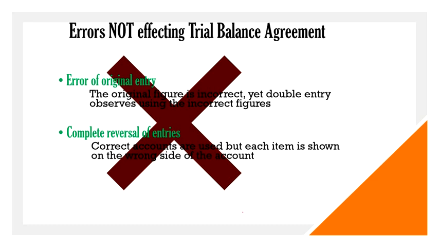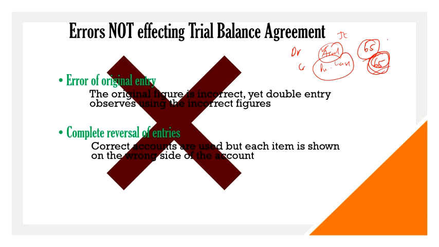For example, debit and credit should be 56 but you wrote 65. Since from the beginning your journal entry was already wrong, the accounts are correct, for example asset and purchase, these are correct, only this number is wrong. So it's called error of original entry. The beginning of our entry was already wrong. Since both sides are the same, it will not affect your trial balance.